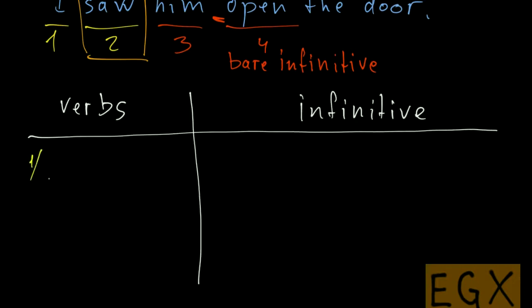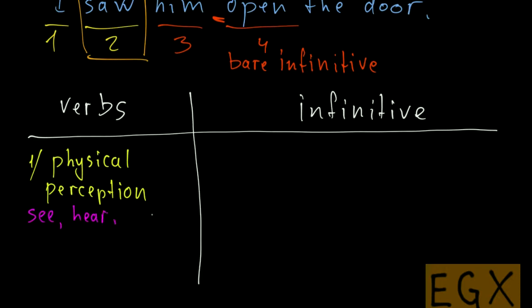The first group of verbs are the ones meaning physical perception, physical feelings, or something like this. Physical perception. And the verbs like this: see, hear, watch, notice, feel, and so on.